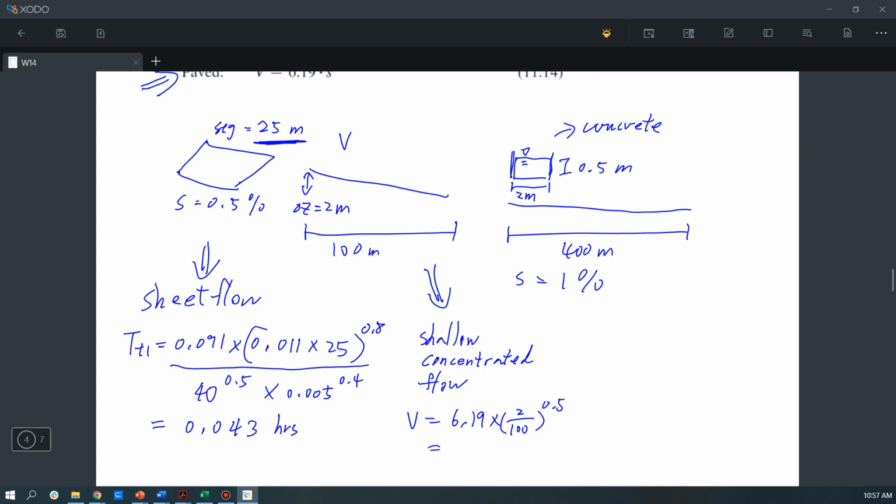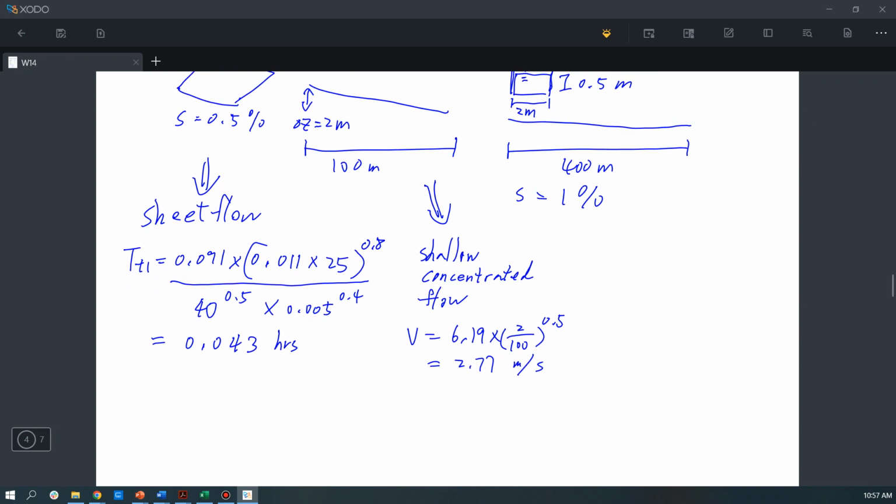Then we get the velocity is 2.77 meters per second. Then we can calculate the concentration time, which is equal to the length divided by the velocity, that is 100 divided by 2.77.